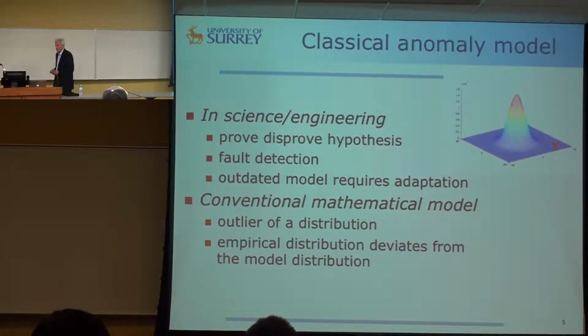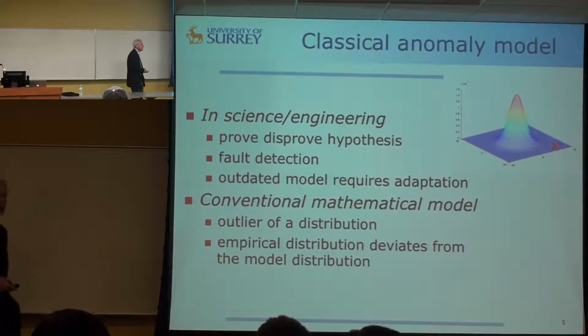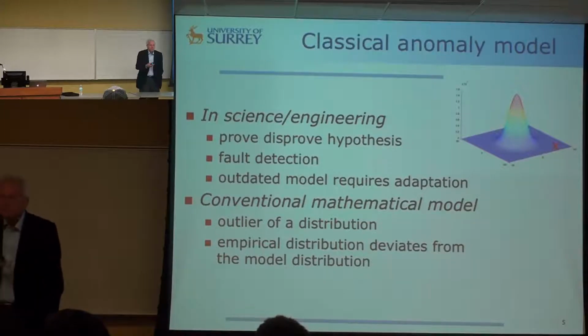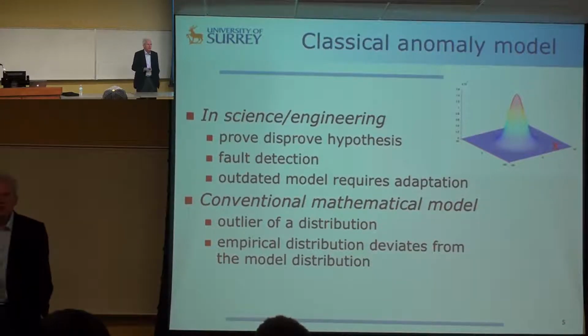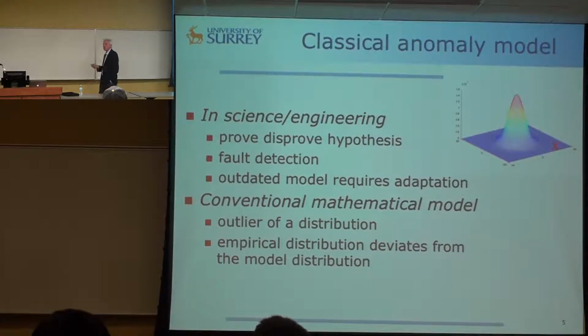So what is the standard way of doing it? Well, we are used to modeling normality, what is normal. We will have some sort of measures, some statistics, some information that we would collect, and find out the statistical distribution of this information for normal scenarios.